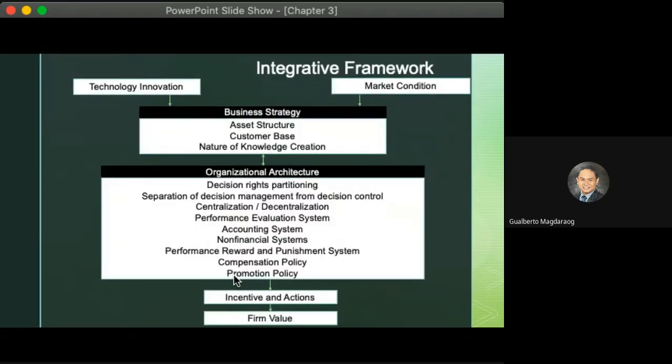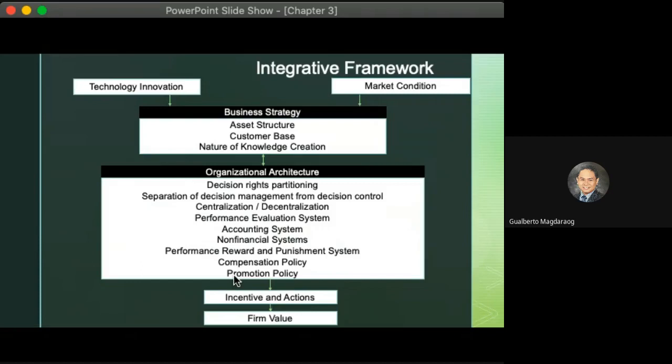Okay, ito yung integrative framework. This only explains changes in cost management system. As we have learned, yung cost management system undergoes development from accounting system, merely creating reports, to making it more focused on customers' value, that is cost management information system.